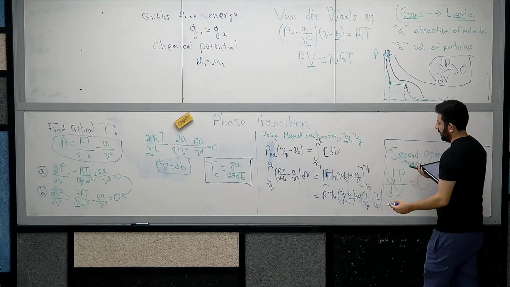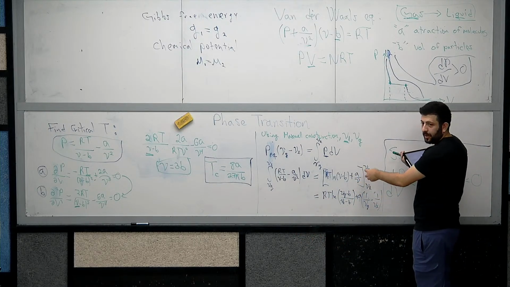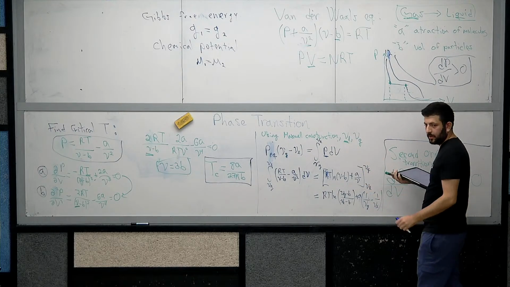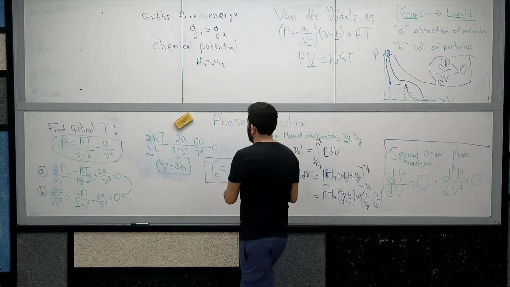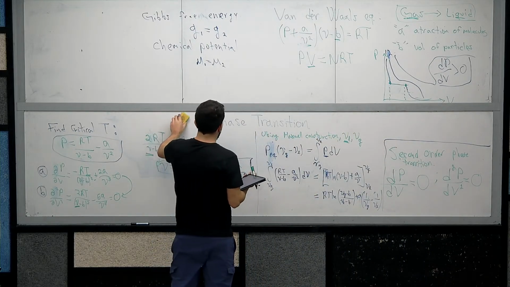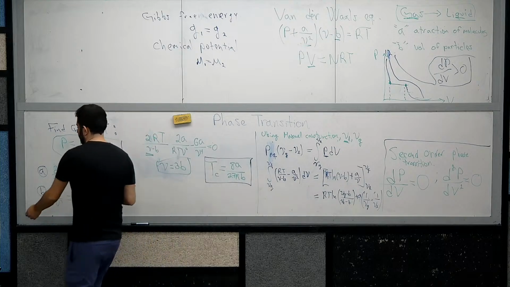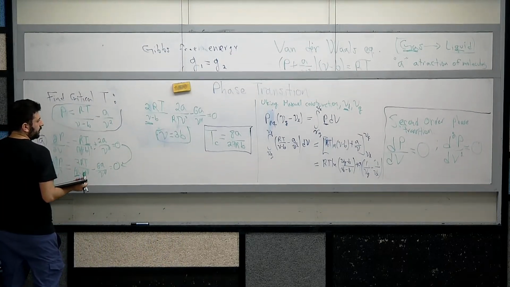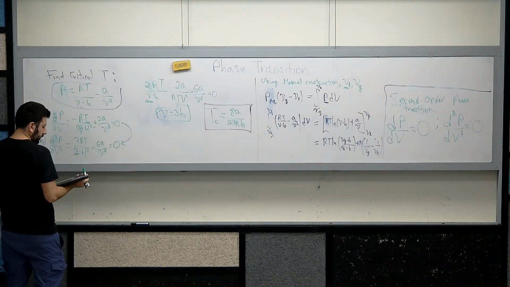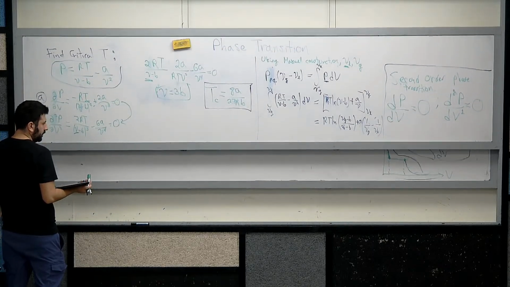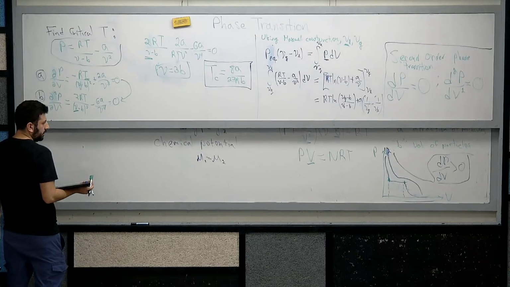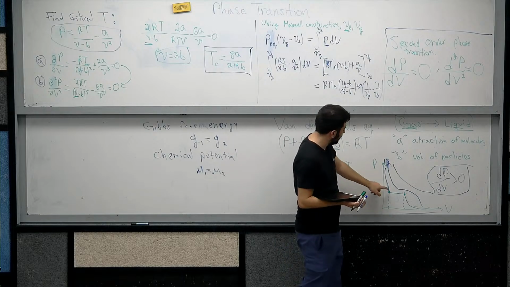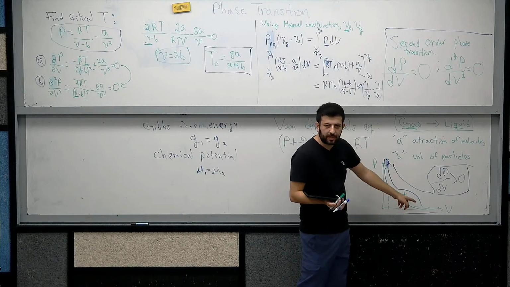Okay, do you agree that I evaluated this only in the molar volume? Then we also know that the van der Waals equation works perfectly on both sides of the curve, right?